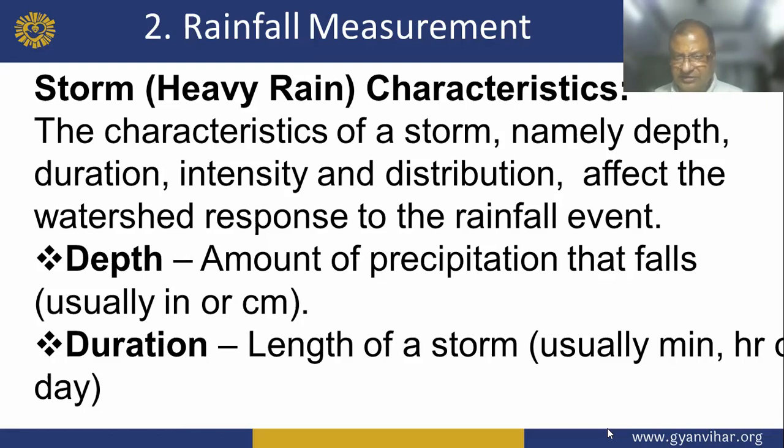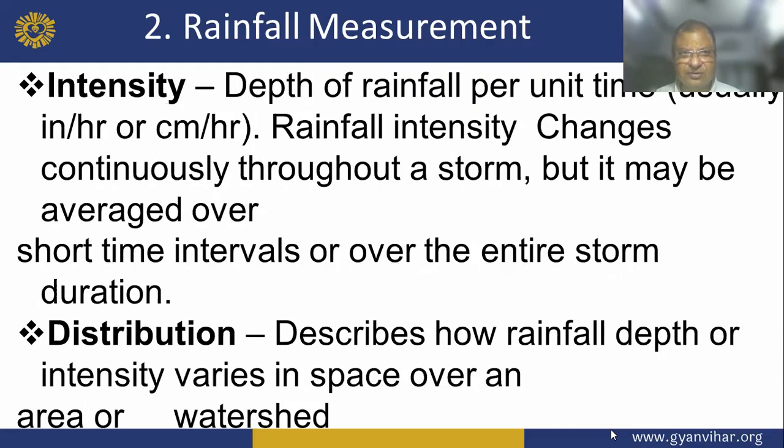Depth: amount of the precipitation that falls, usually in mm or cm. Duration: length of the storm, usually in hours or days. Intensity: depth of rainfall per unit time, usually in mm per hour or cm per hour.